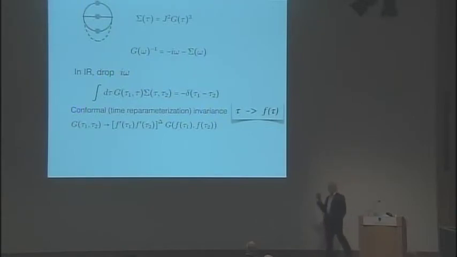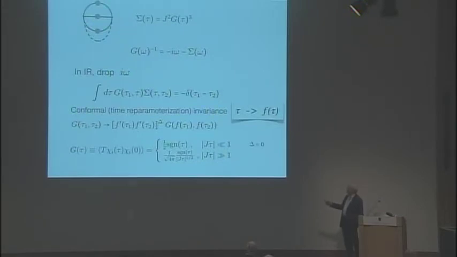So we have a quantum mechanical system whose solutions are invariant under arbitrary reparameterizations of time. This is the one-dimensional analog of general coordinate transformations. Now, of course, when you pick out a particular solution, you spontaneously break that invariance.